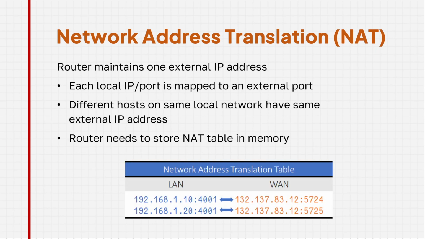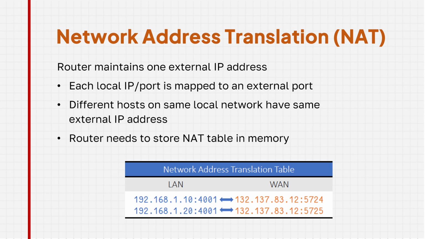With network address translation, each of these hosts inside your subnet is assigned a private IP address just for communication with your router. Now, when one host sends a single datagram outside, the router will erase the private IP address and port, and change it to the router's external IP with a specific port.